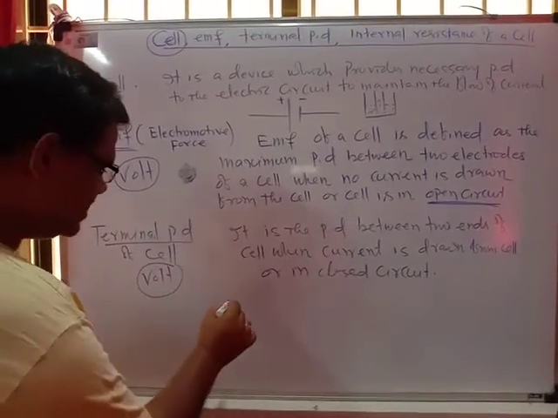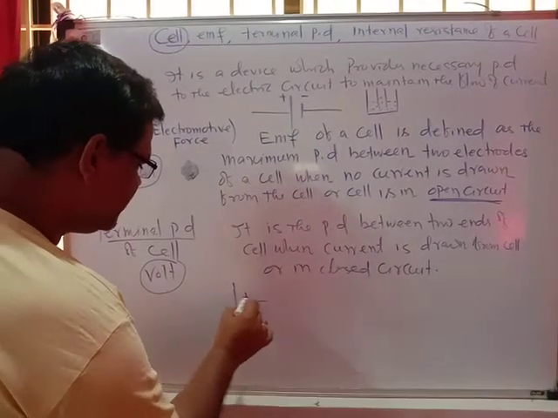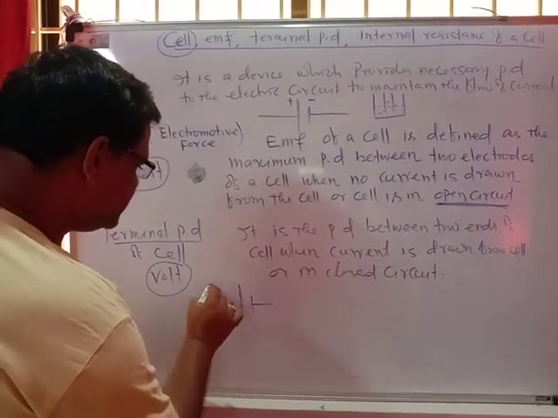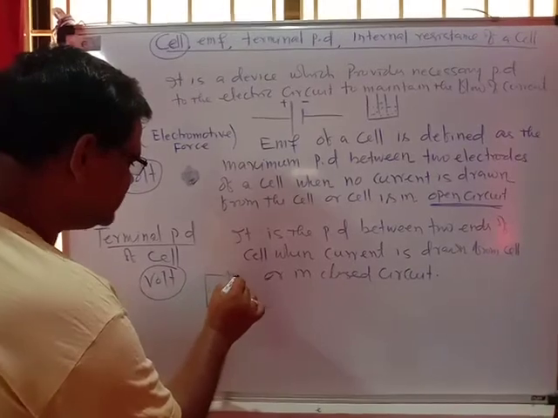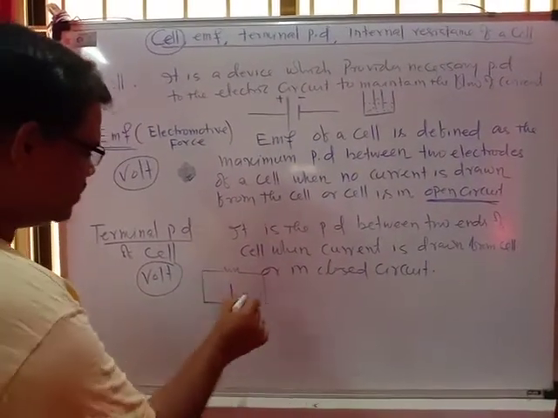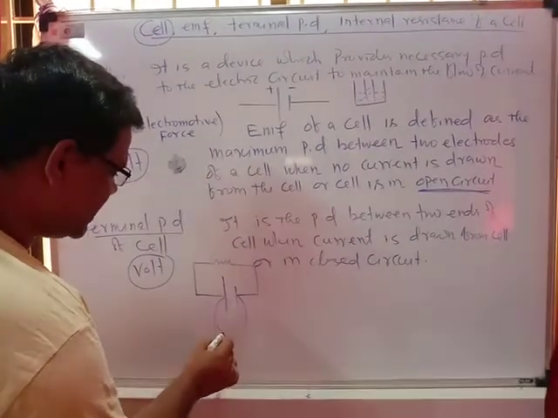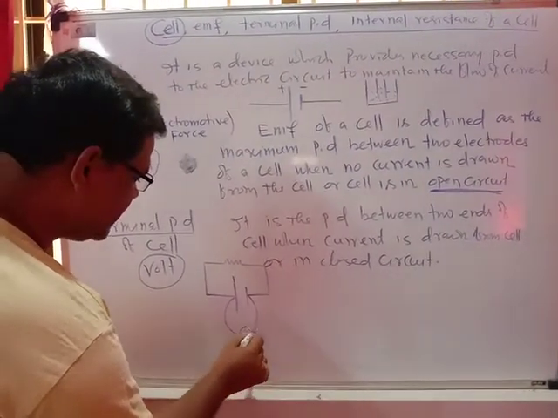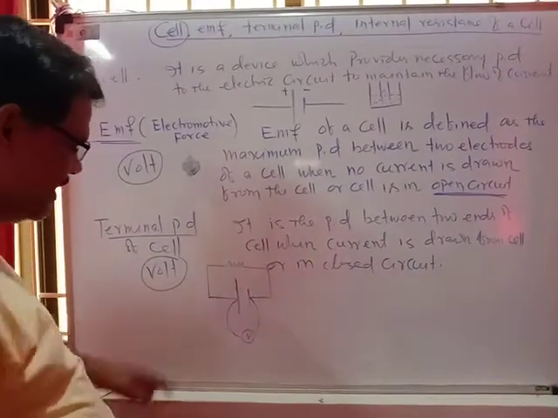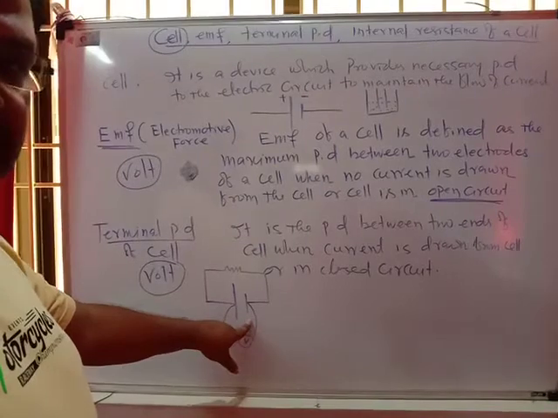Suppose, for example, the cell is connected here, this is the resistor, and the circuit is closed. If a voltmeter is connected across the two ends of the cell, the reading you get from the voltmeter is the terminal PD.